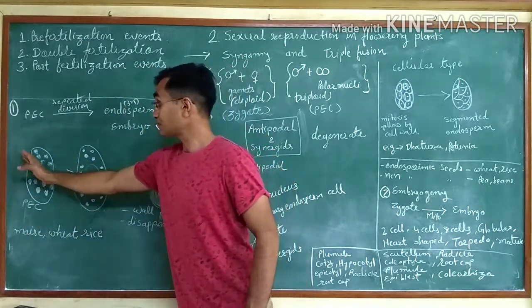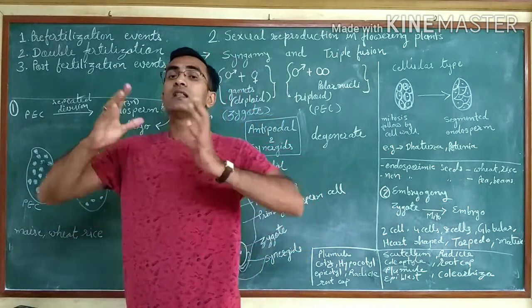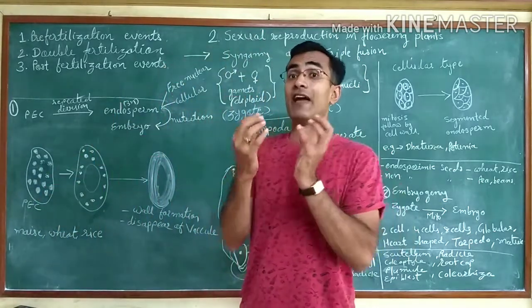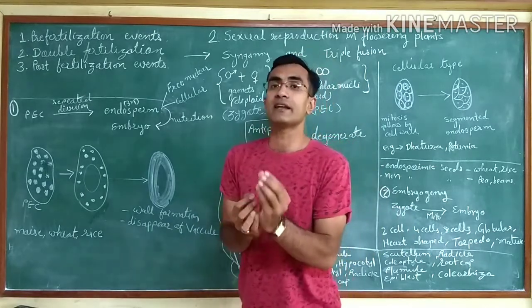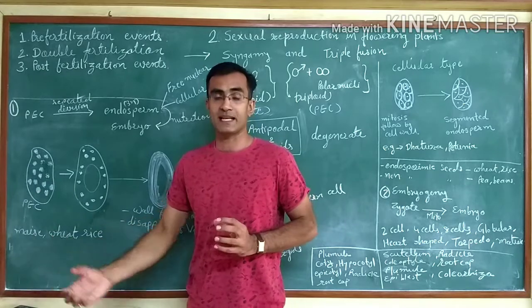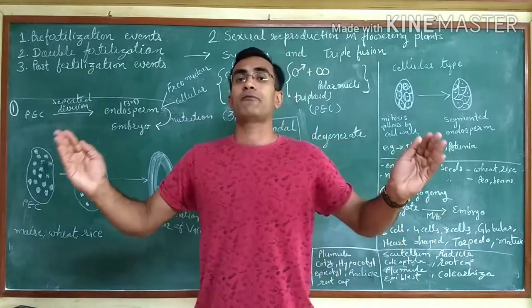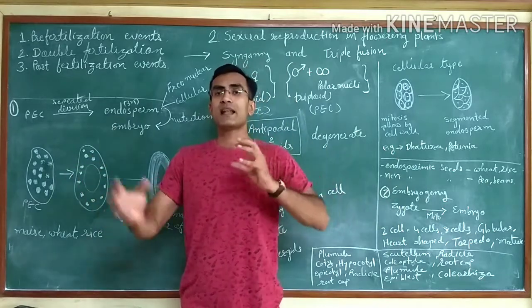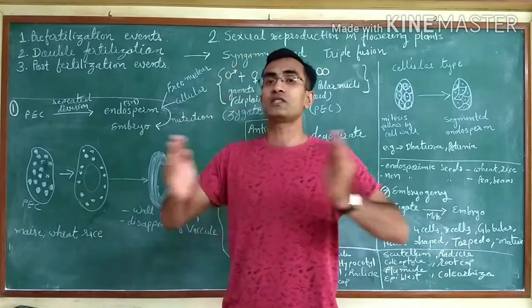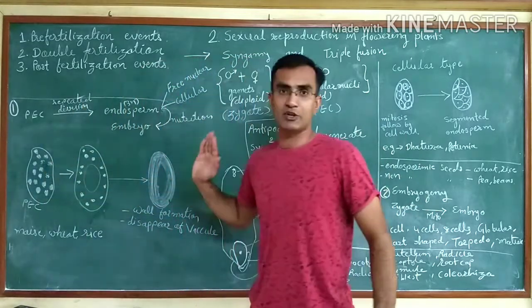Okay. Once this multiple nucleus formation takes place, a vacuole is created in the middle or somewhere in the primary endospermic cell. As the vacuole is created, it will push the free nuclei. There are multiple nuclei. They will be pushed apart towards the wall of the primary endospermic cell.